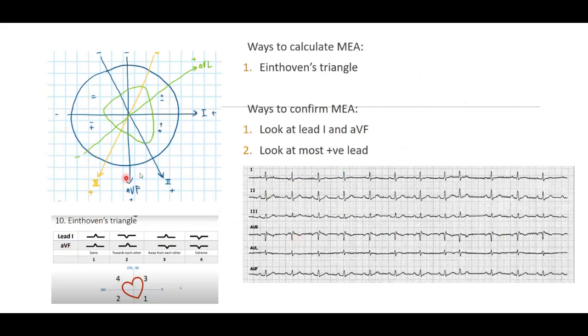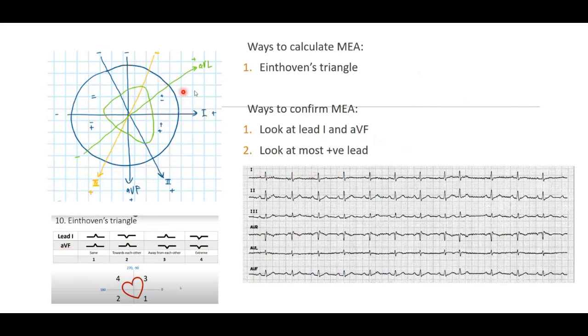So this diagram over here helps explain this table over here. And one of the quickest ways to confirm your mean electrical axis is by looking at lead 1 and AVF. So let's say over here, lead 1 generally is positive, and lead AVF is also generally positive. Now, if I'm looking at this diagram here, here is where lead 1 goes.